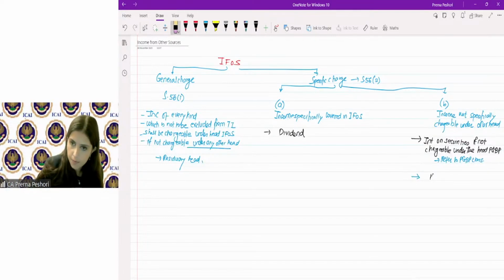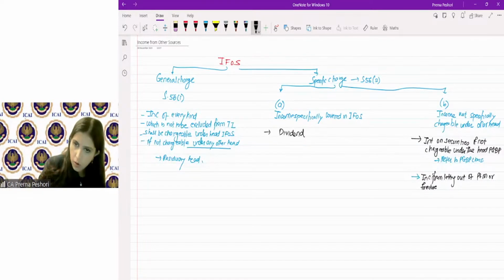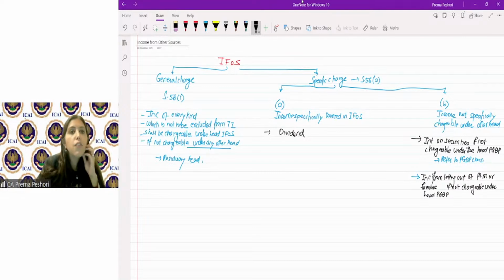Income from letting out of plant and machinery or furniture. Yeah. So if not chargeable under the head PGBP, then it will be chargeable under the head income from other sources.